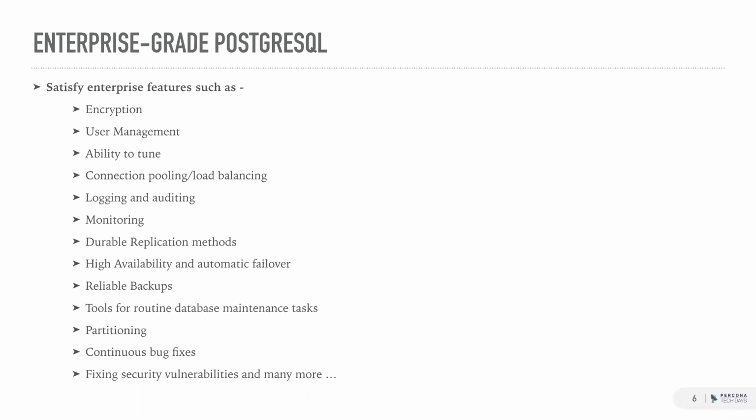You also want reliable backups and to perform maintenance tasks, partitioning, and you would also wish to see continuous bug fixes, and want to make sure that any security vulnerabilities, if observed, get their fixes incorporated into your database software. So all of these are mostly the enterprise-grade features somebody would expect for any database and even for Postgres.